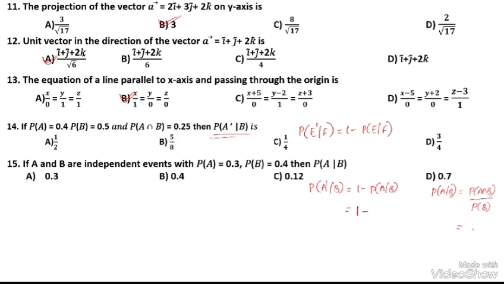Probability of A intersection B is 0.25 divided by probability of B is 0.5.